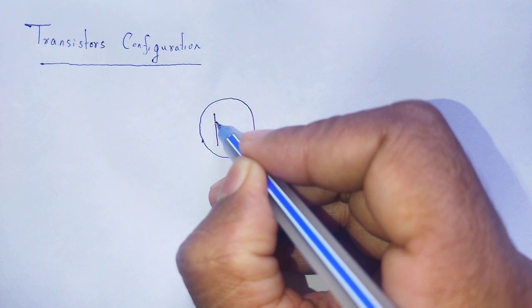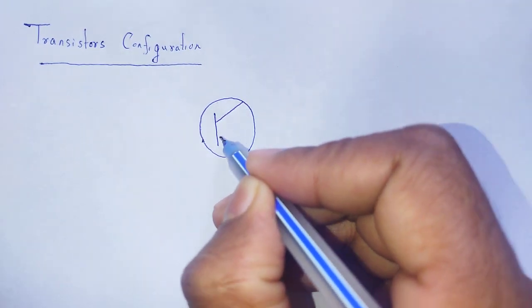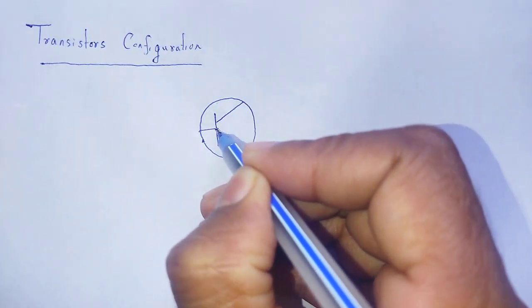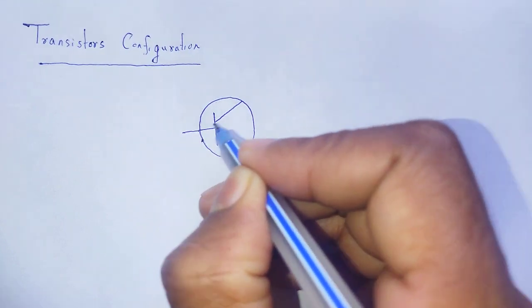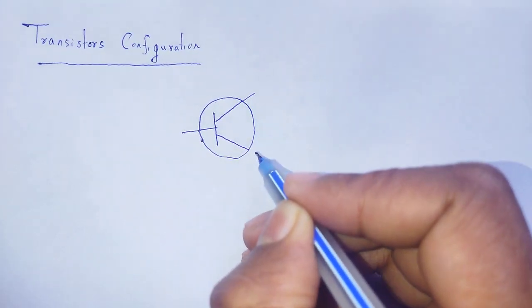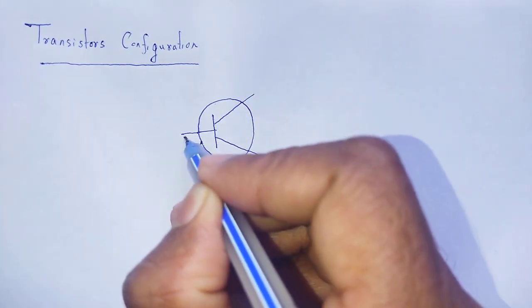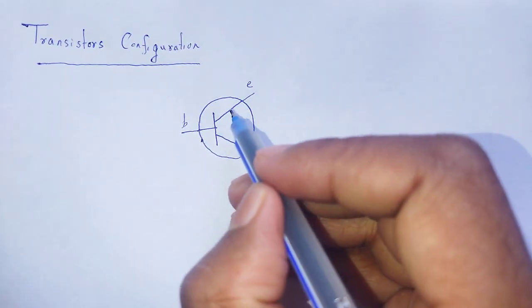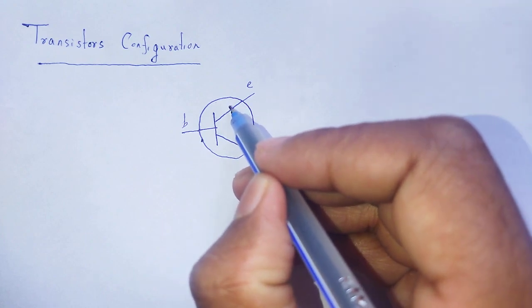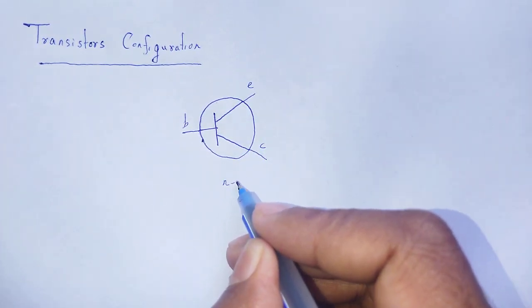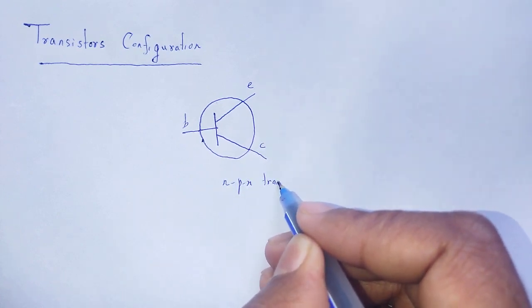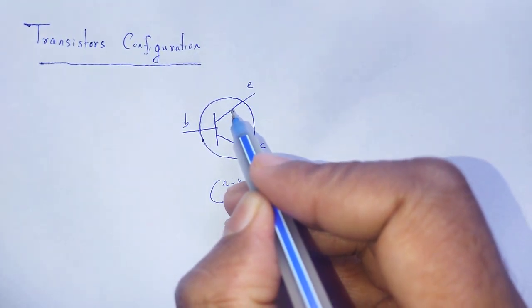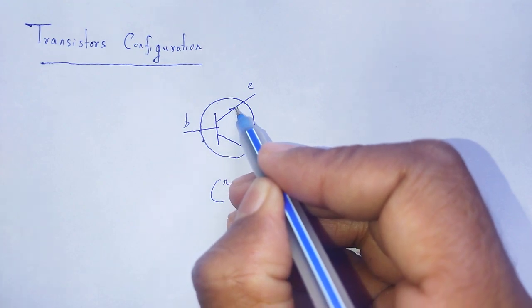This is the base, emitter, collector. Since it is an NPN transistor, the arrowhead is just like this.